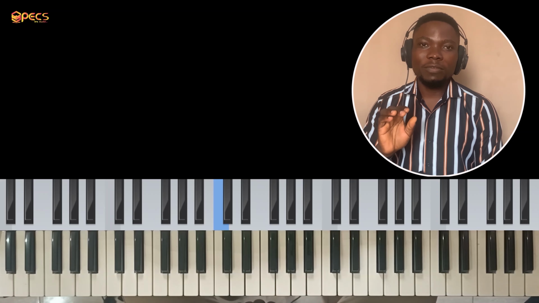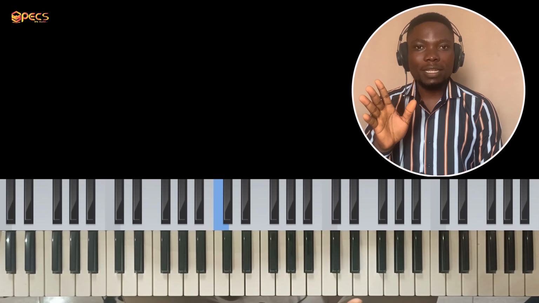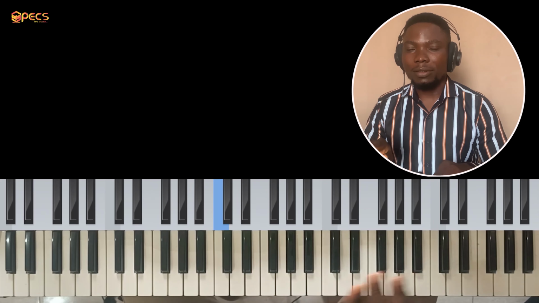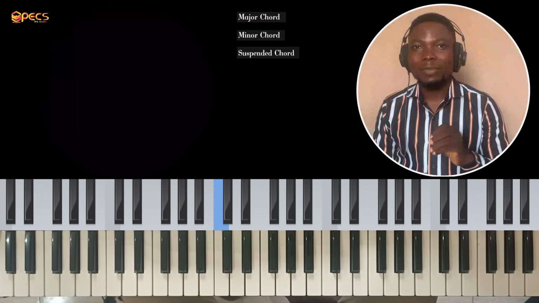Chords can be classified into various types based on their interval and quality of sound. So we have major chord, minor chord, suspended chord, diminished chord, augmented chord, dominant 7th chord, minor 7th chord, and major 7th chord.